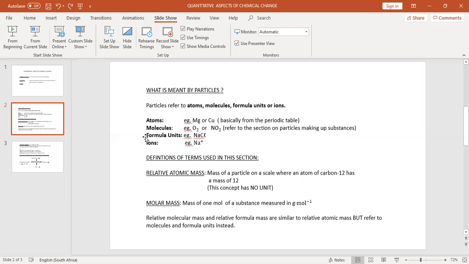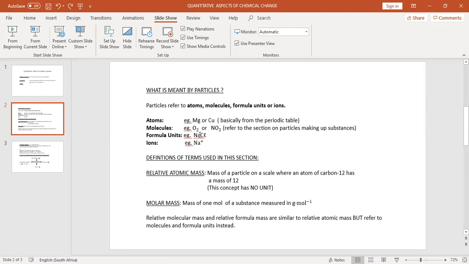Then the other type of particles we're talking about is formula units. Now here we're talking about ionic substances. So they're not molecules. I can't call them molecules. I'm going to call them formula units, because Na plus and Cl minus make up 1 formula unit.